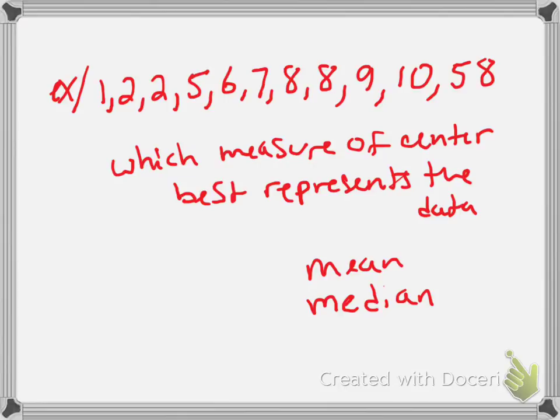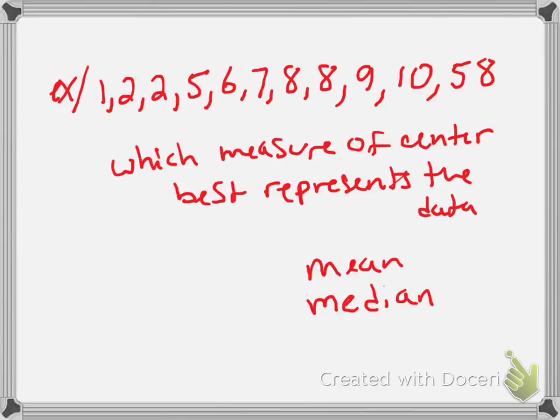But let's say I wanted to talk about the mean. Well, to find my mean, I would have to put my data set into my calculator and find my x-bar. So I'm going to go into Stat, Edit, and put my data set in. 1, 2, 2, 5, 6, 7, 8, 8, 9, 10, and 58.